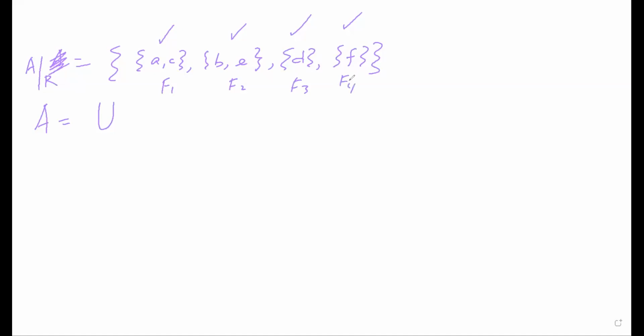So A is the union of Fi's, i goes from 1 to 4. When you take the union, you simply pick up the elements from each: A, C, B, E, D, F. That's how it is. Is this very clear? Good.